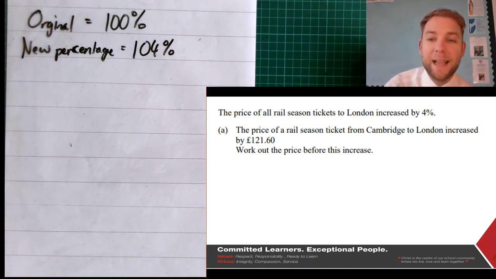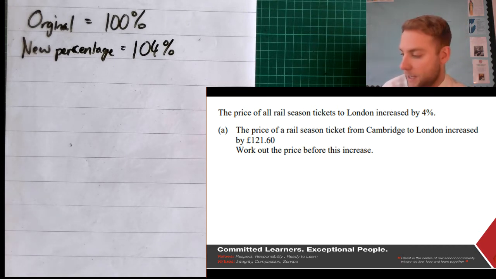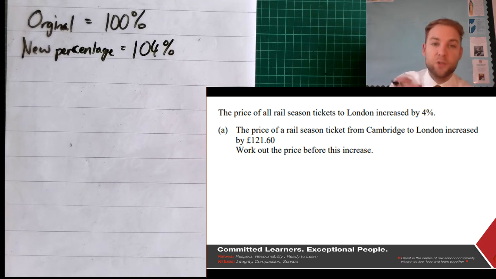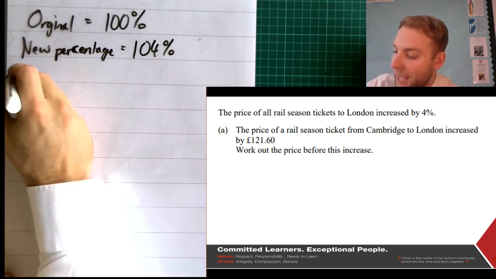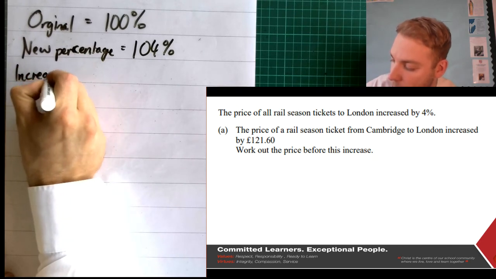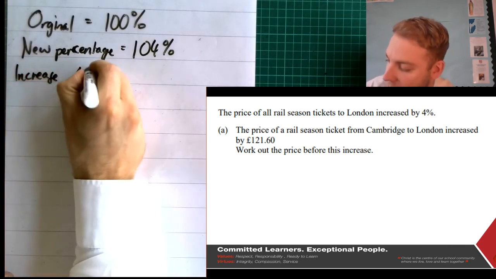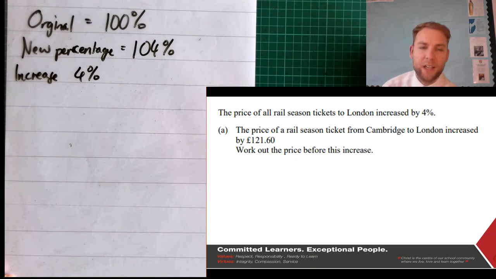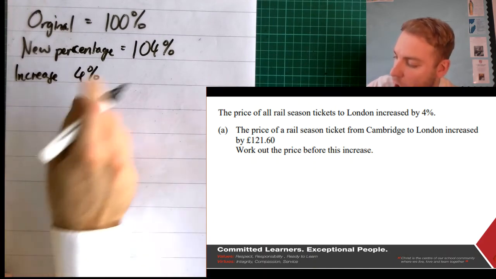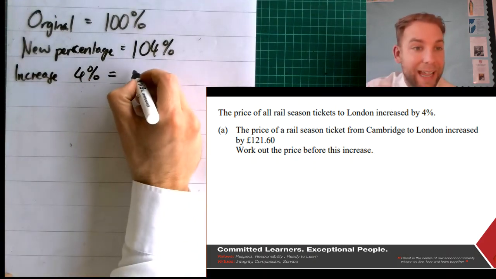Now the thing that makes this one trickier is it says the price of the rail season ticket from Cambridge to London is increased by £121.60. So actually what's happened here is it's telling us what the increase is, and the increase here is 4%. Okay, that's really tricky, that. So it's telling us our starting point here is that we know the increase.